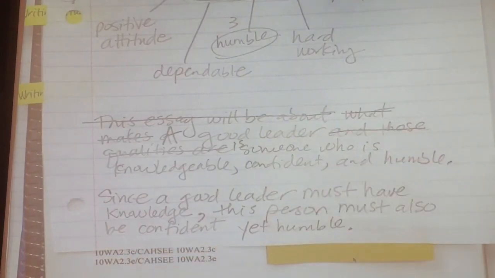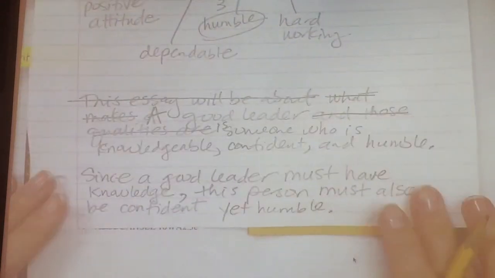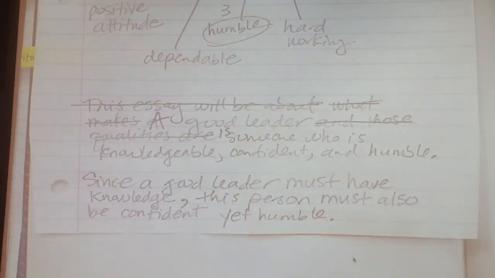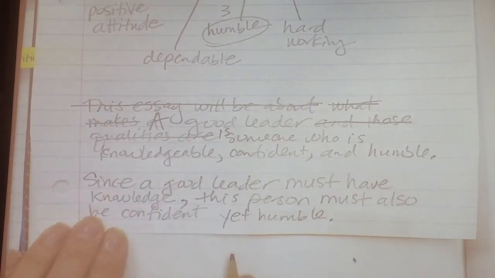And I'm going to read that back a few times, but I'm not satisfied. Since a good leader must have knowledge, this person must also be confident and humble. It doesn't sound that great, so I'm going to make some further changes and continue revising.